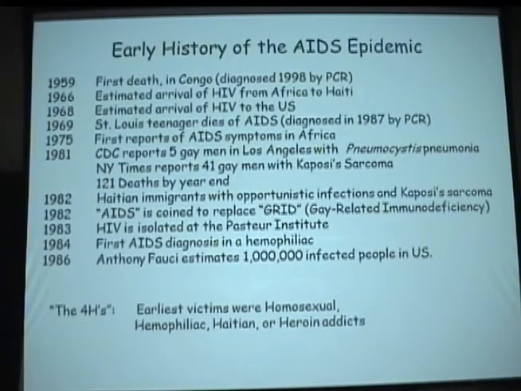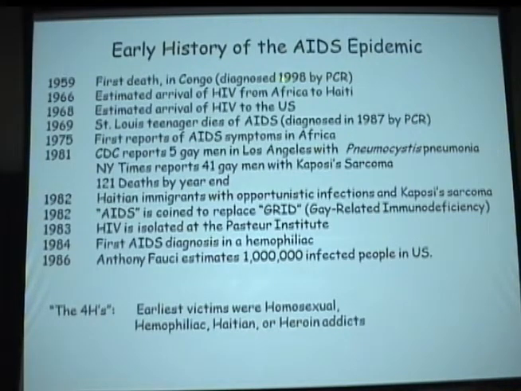Early history of the AIDS epidemic. I went on the web and took some of the most important dates. A person in the Congo died in 1959, and decades later some tissue, blood I suppose, was saved. I suppose they must have dried it, because I can't imagine it was refrigerated for that long in the Congo. But anyway, something was preserved from this patient.